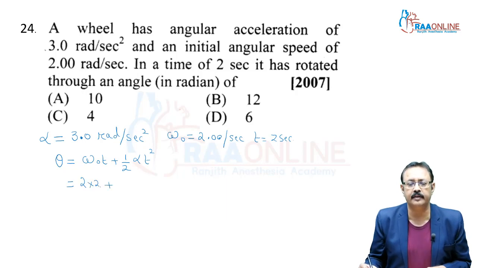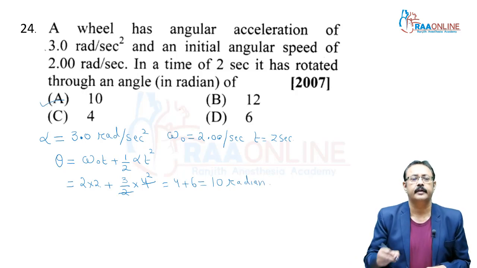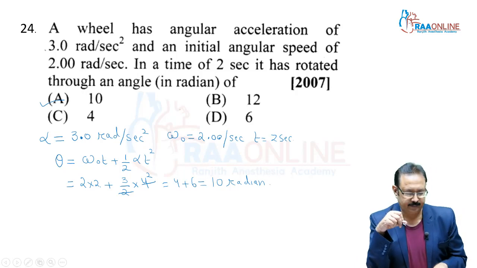What is alpha? 3. So 2 into 2 is 4, and half into 3 into 2 square, 2 2s are 4, 2 3s are 6. 4 plus 6, one easy calculation, 10 radian. So we are going with option A, 10 radian.